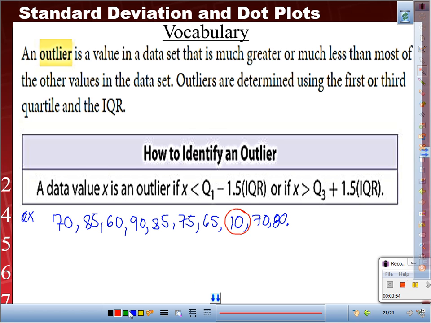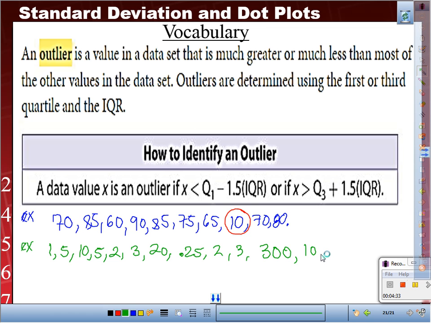Okay? Another example. If I was to write down, and I will take a poll as to how much money each one of you has. So here it goes. $1, $5, $10, $5, $2, $3, 20 bucks, 25 cents, $2, $3, and then all of a sudden somebody said 310.